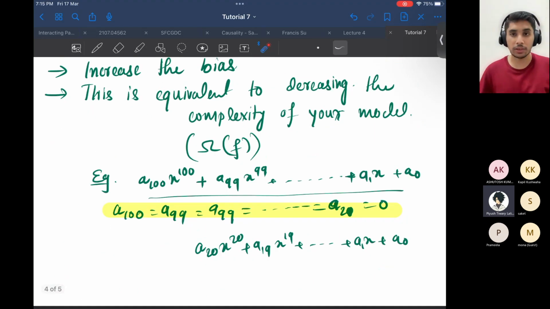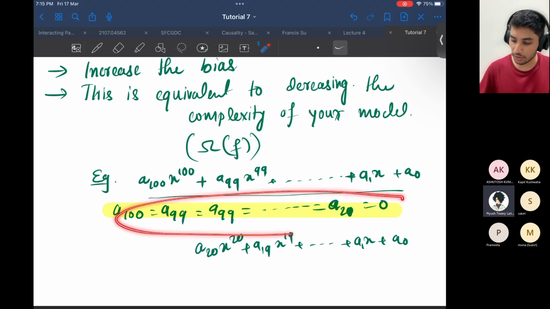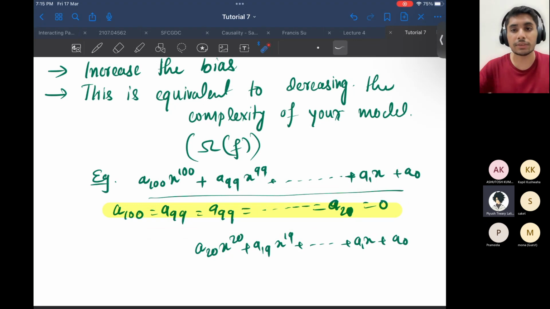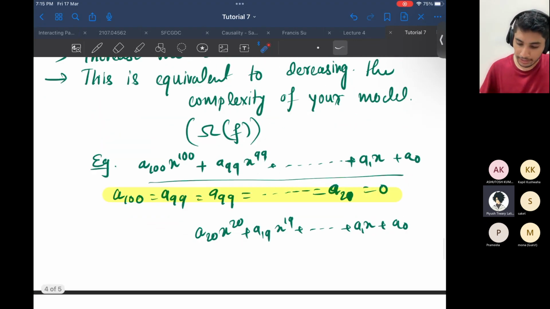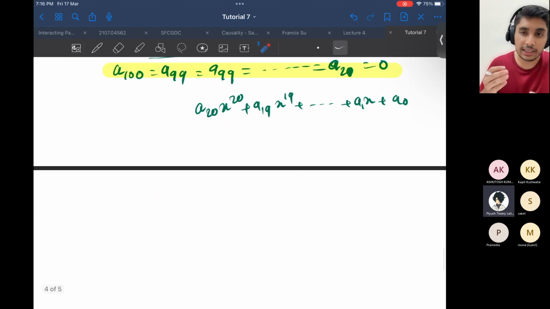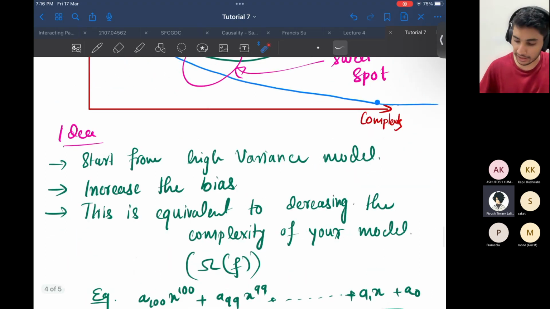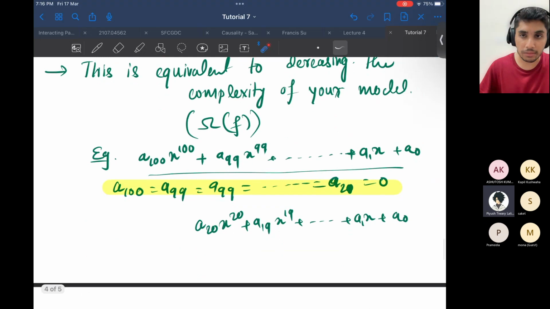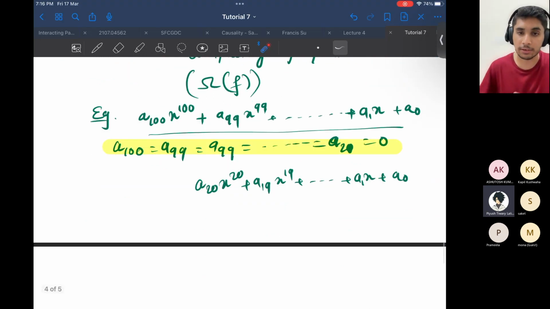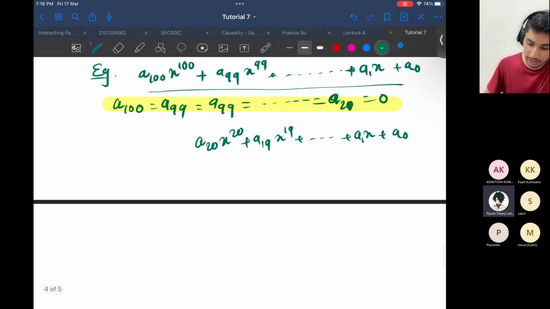I started with a complex model, and I just zeroed out a few of the coefficients. That was equivalent to reducing the complexity of the model. This was just to give you an example, because just saying start from here and go here doesn't make any sense. Maybe this example made it clear what I mean by decreasing the complexity starting from some point.